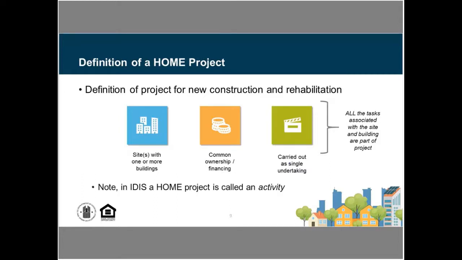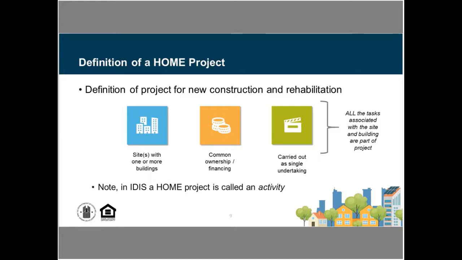So let's talk a little bit about how we define a HOME project. This applies for both new construction and rehab. This is all where we have a site, or we could have multiple sites. We could have a scattered site project. So we have a common site, common ownership and financing, and it's being carried out as a single undertaking.